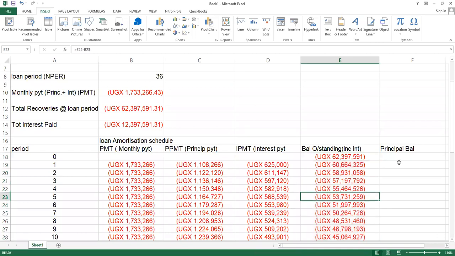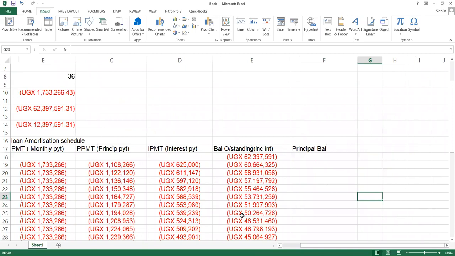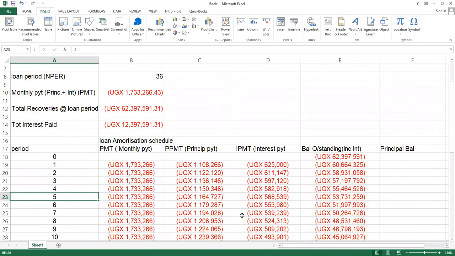This is my amortization. But somebody would want to know how much is the principal outstanding at the end of each period? Because you see, this outstanding balance includes interest. But I may want to clear the loan before the maturity period or before the end of the loan period.